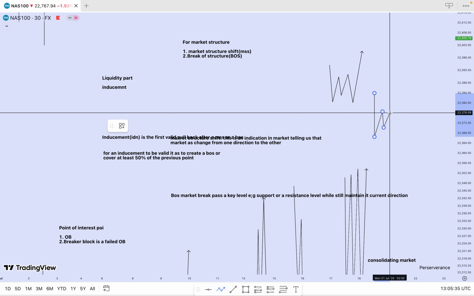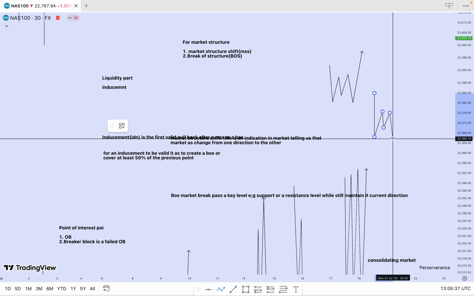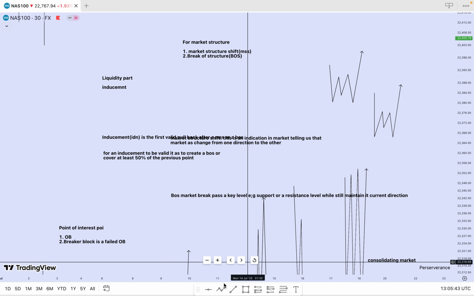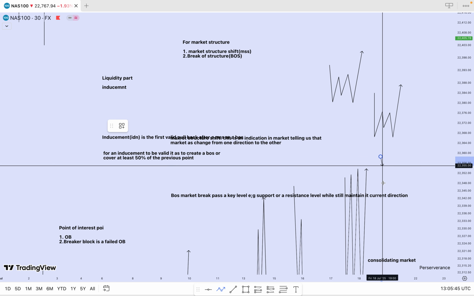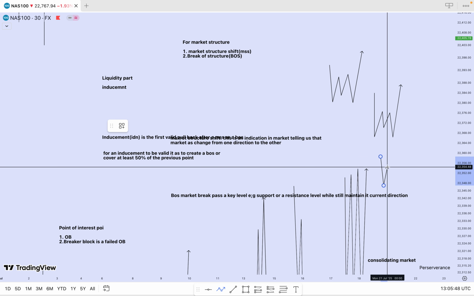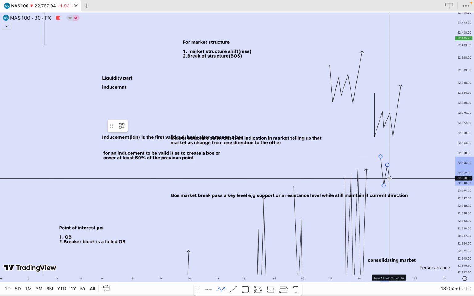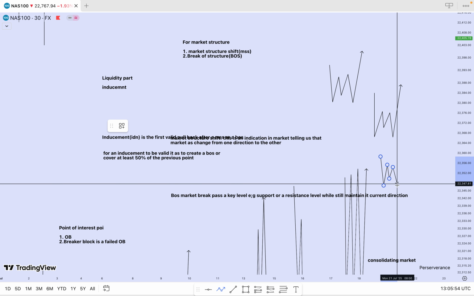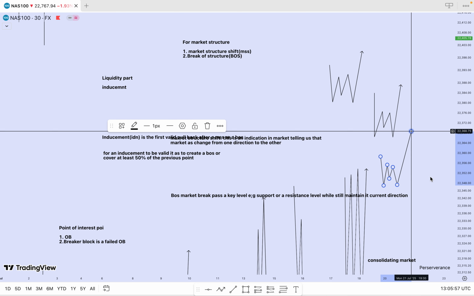Market creates equal highs with this before coming back to this point of interest. It can be a breaker block or an order block before moving back up. Or you can also have it, market do something like this, 50% of it, come back down, tap in, then move back up.